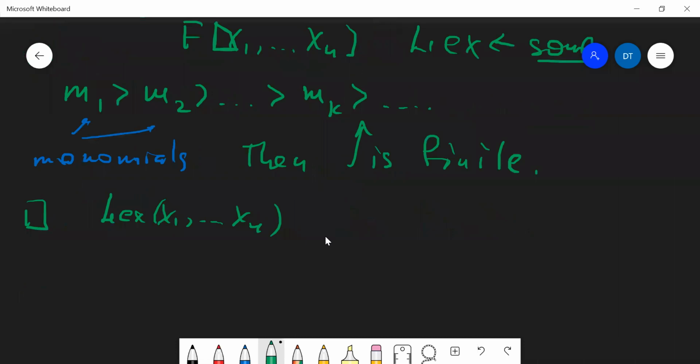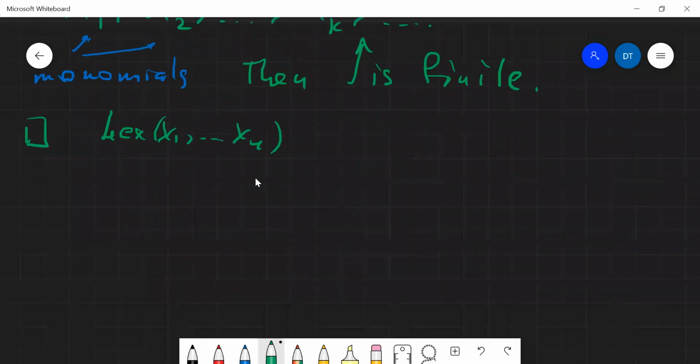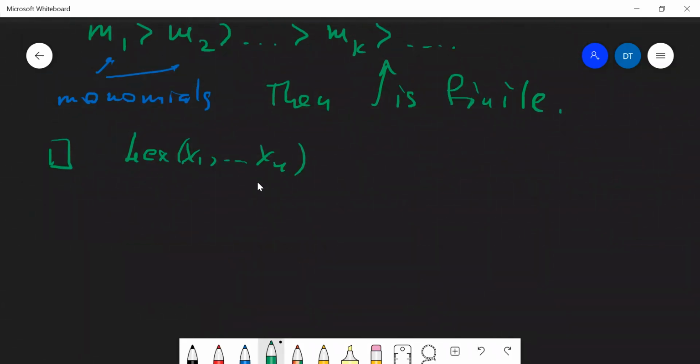So up to changing the names of the variables, you may always assume that the order you're given is this. I will rename the variables in such a way that our order is this one. This just simplifies all the indices I will use.